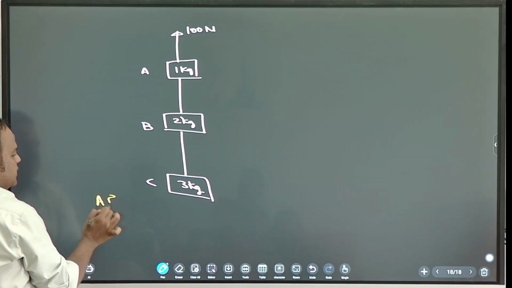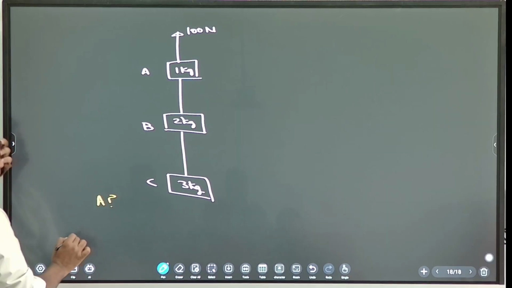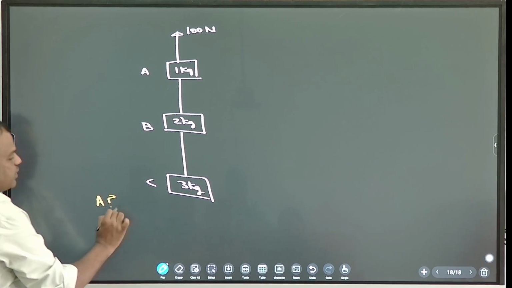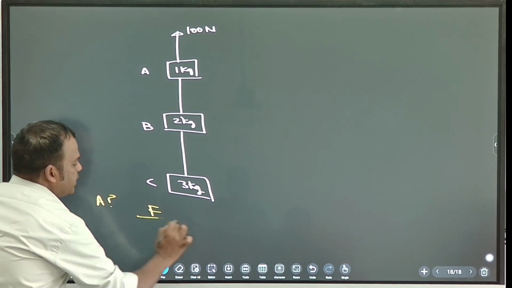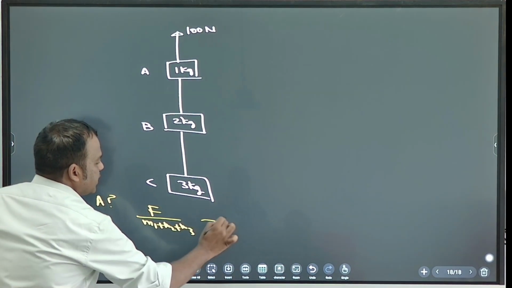So what is the acceleration? Use the formula F by m1 plus m2 plus m3 minus g.